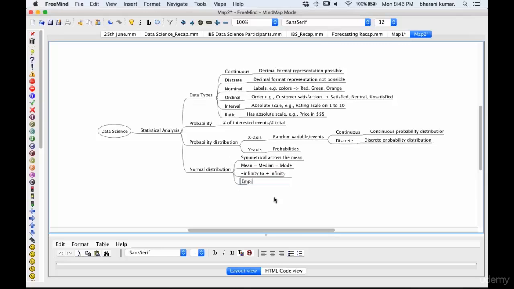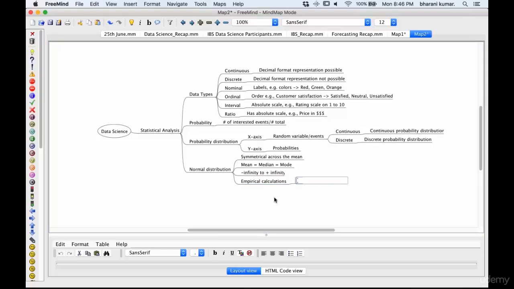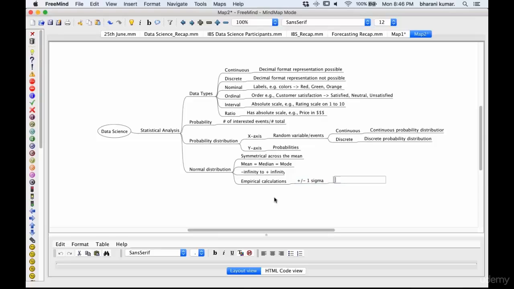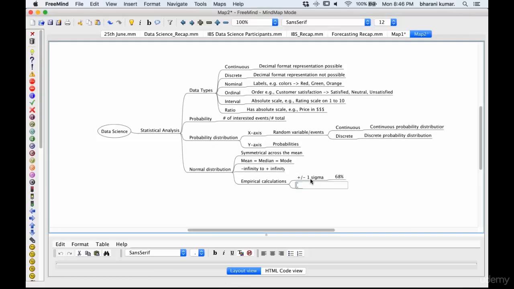And we have some empirical values. One is if your data lies between plus minus 1 standard deviation or 1 sigma, you'll have roughly 68% of observations which fall within that range.